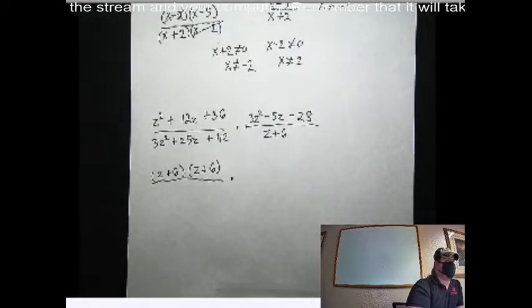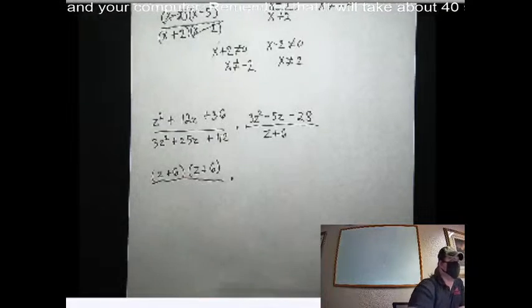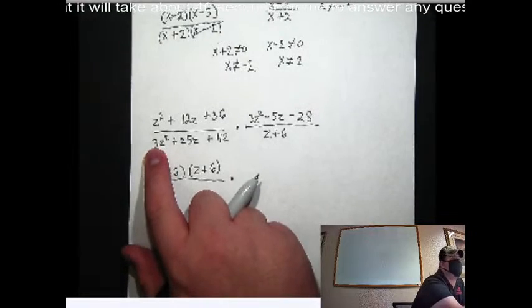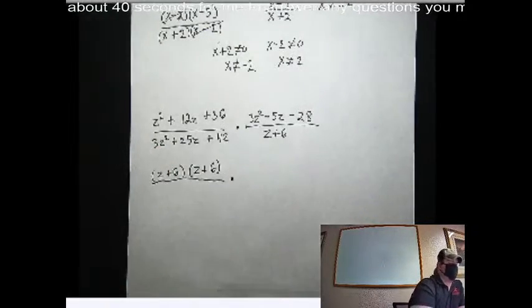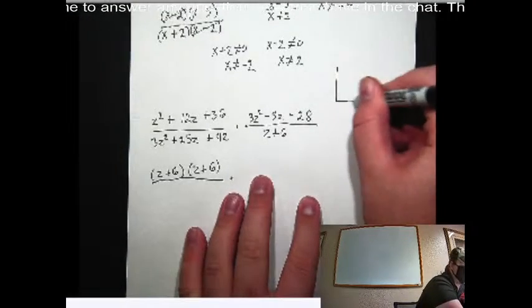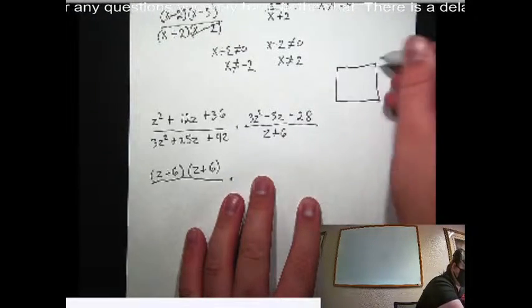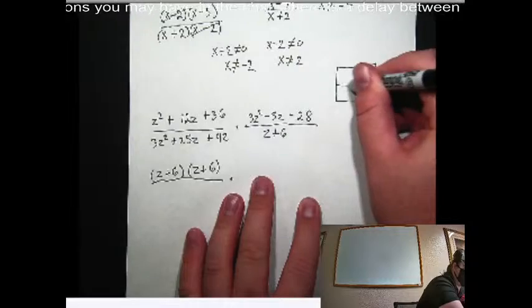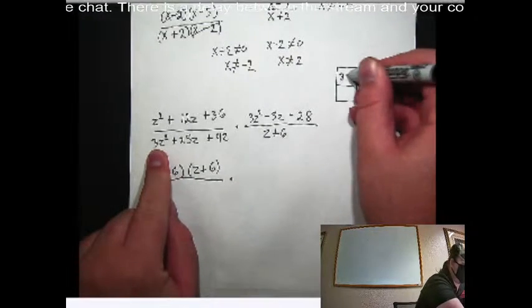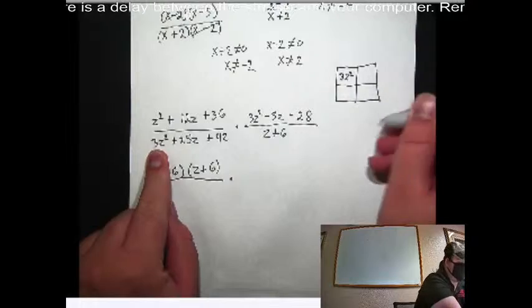Now, can we use our shortcut here, or do we have to use the box method? Yeah, we have to use the box method because our leading coefficient is not positive 1. So we'll go ahead and draw up our box. First term, 3z squared, goes in the first box.